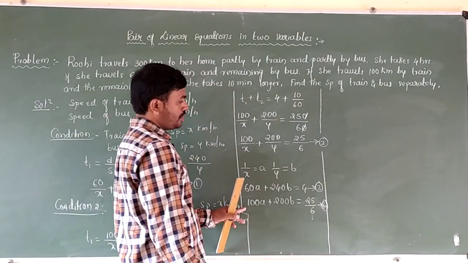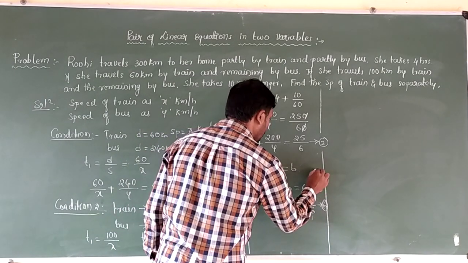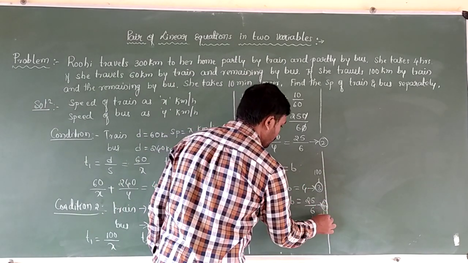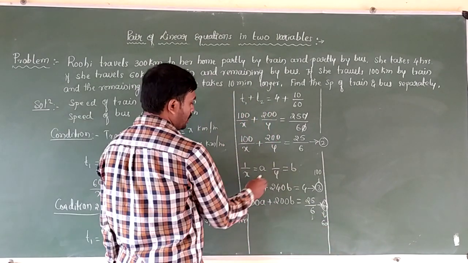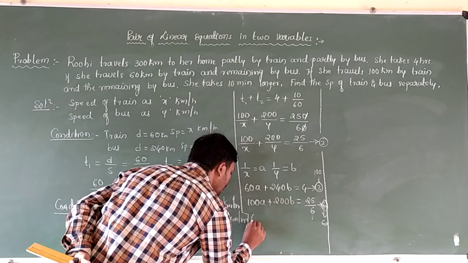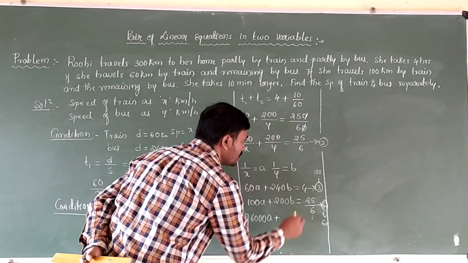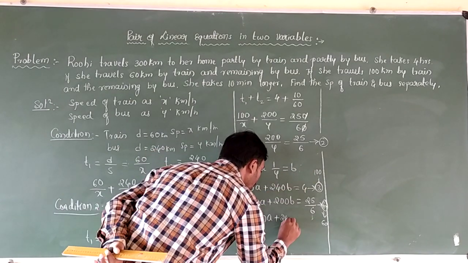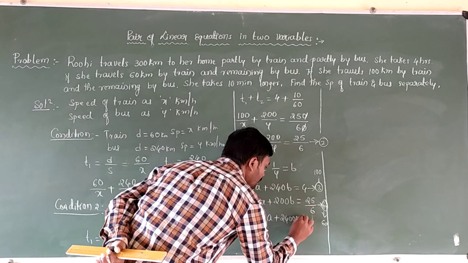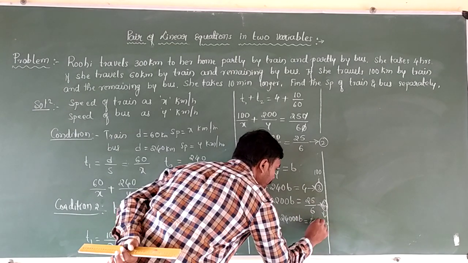To solve these two equations simultaneously, I will multiply the third equation by 100 and the fourth equation by 60. If I multiply the third equation by 100, it becomes 6000a plus 240 into 100 is 24,000 b is equal to 400.